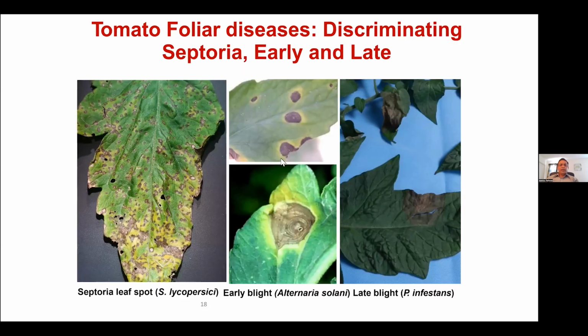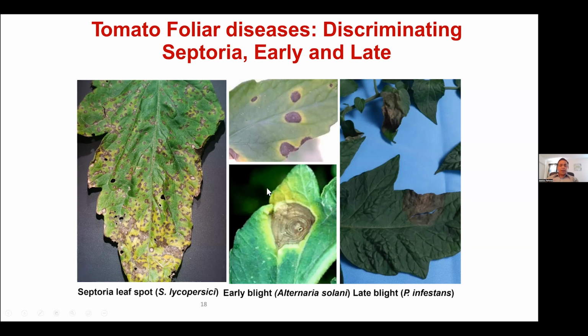Okay. So here you can see once again for tomatoes, in most cases we are seeing 3 different major foliar diseases. That means those are caused on the leaves, or in some cases on the stems and fruits. The major one for us is septoria leaf spot. You can see thousands and thousands of spots on a tomato leaf or leaflet.